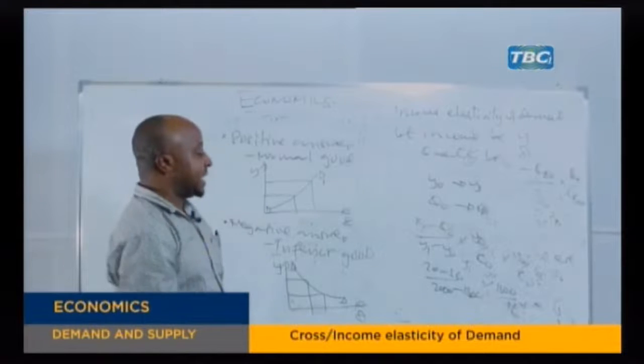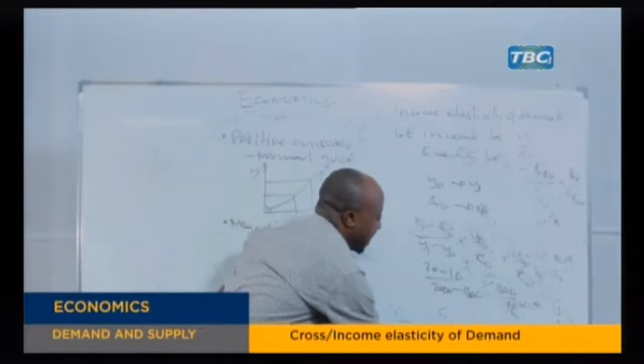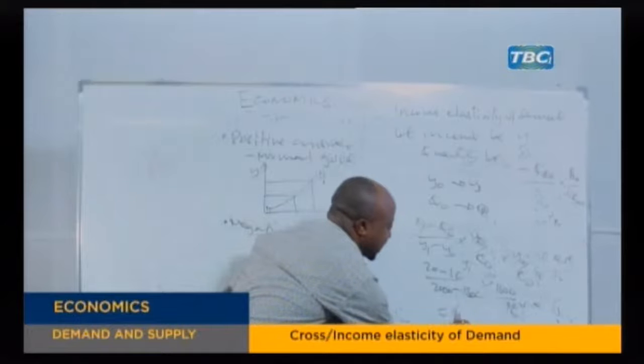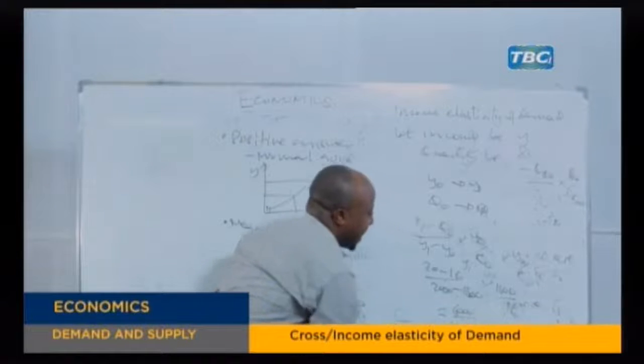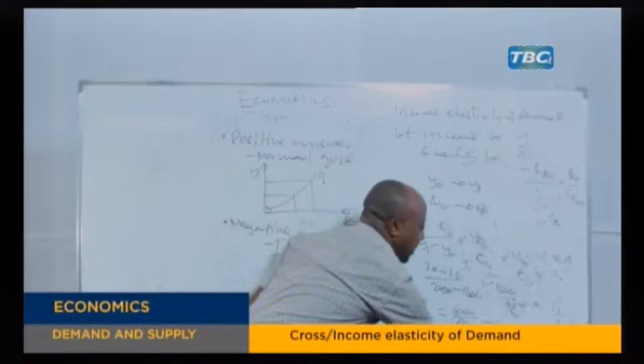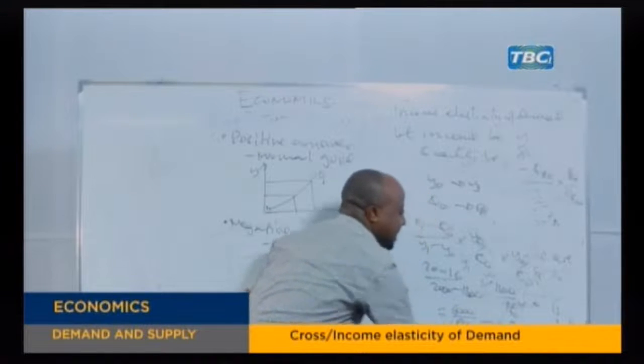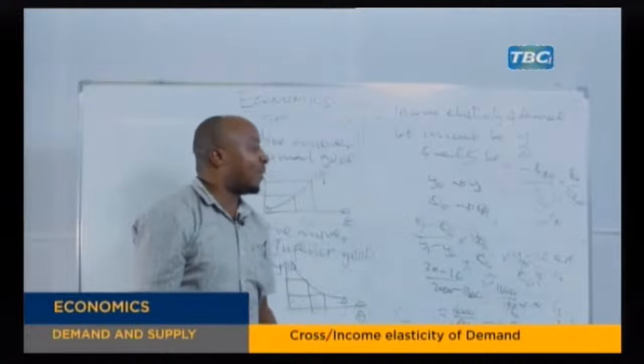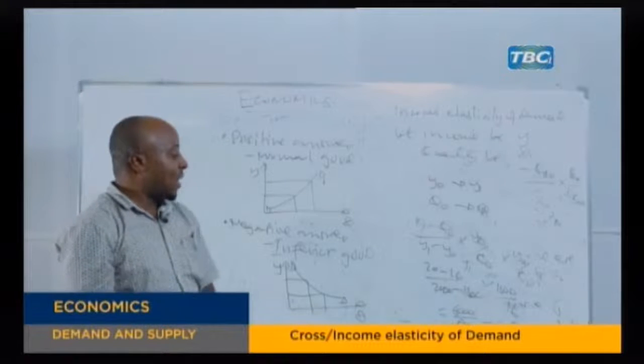If you calculate, you get 6,000 divided by 8,000. The answer will be 0.75. This is our income elasticity of demand after calculating.